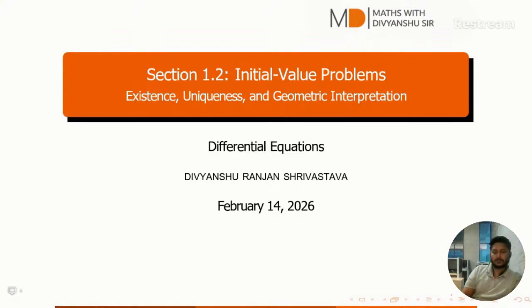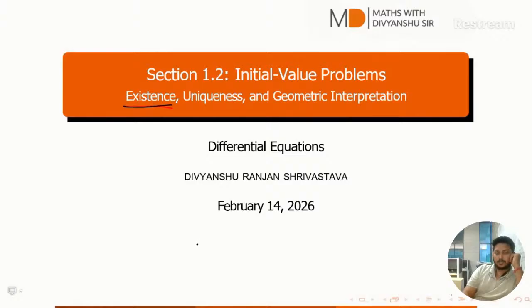Then we explore the existence theorem, which tells us when at least one solution exists, followed by the uniqueness theorem, which guarantees whether the solution is single and well defined. Finally, we interpret this result geometrically using directional field.